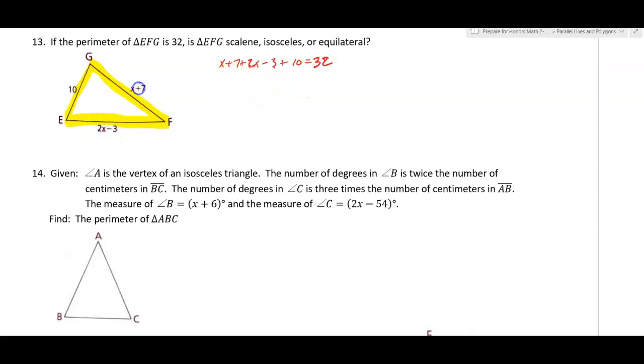So 2x plus x is 3x. 10 plus 7 is 17, minus 3 is plus 14, equals 32. 3x equals 18, x is equal to 6. Now when I plug that in, 6 plus 7 is 13. 2 times 6 minus 3 would give you 9. And you notice, 9, 13, 10, this would be a scalene triangle.